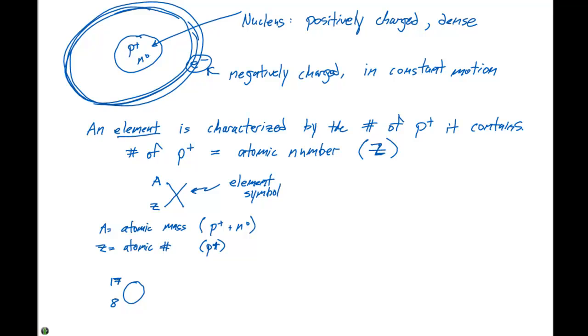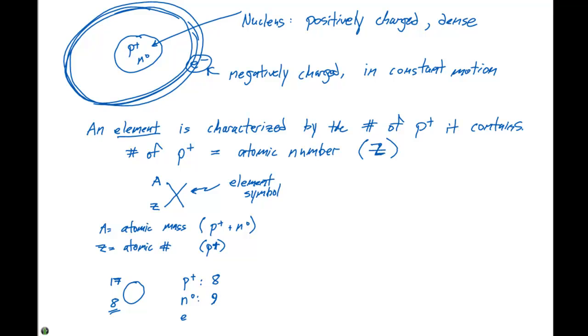If I have a 17 as the mass number, we can directly look at this symbol and indicate how many protons there are on this atom. The number of protons we have are 8, because that is going to be the atomic number that's listed down here. The mass number is going to be 17, so the protons plus the number of neutrons has to equal 17. If we have 8 protons, that means we have 9 neutrons.